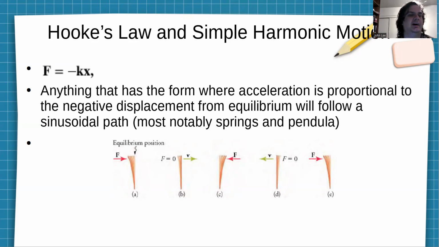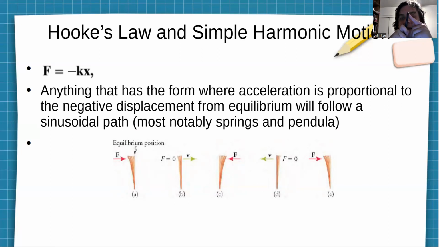Then as you pull the whisk back, the force that's going to be pulling back depends on how far out it is from its equilibrium position.